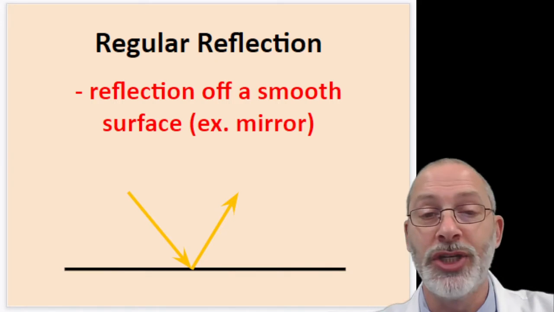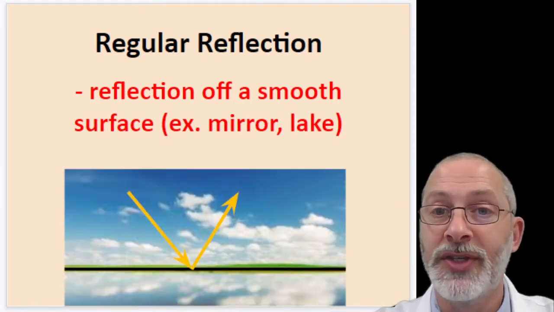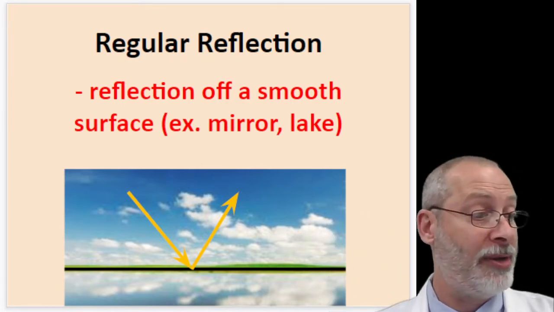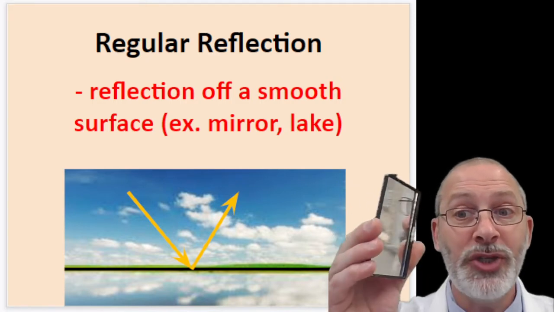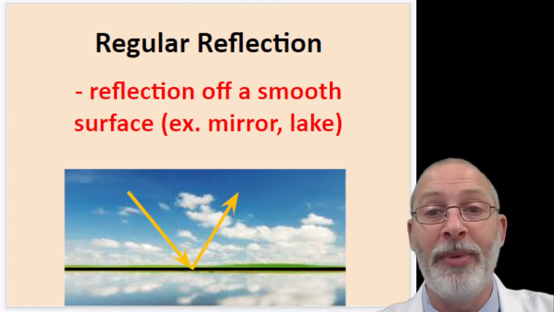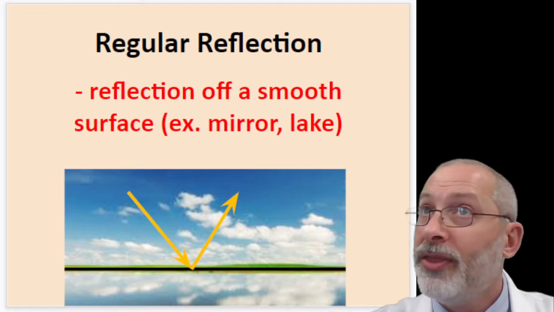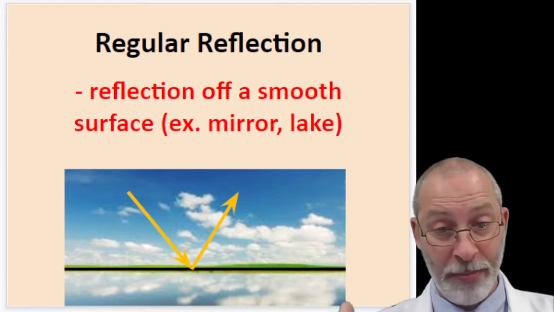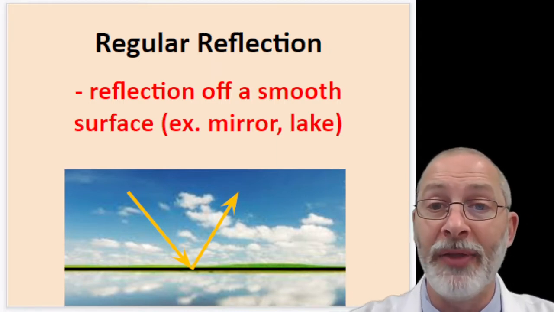Regular reflection is what takes place off a smooth surface. Now, in nature, this can happen, probably not on a polished mirror like this one, but it can happen on the smooth surface of water, perhaps, that isn't being blown by the wind.